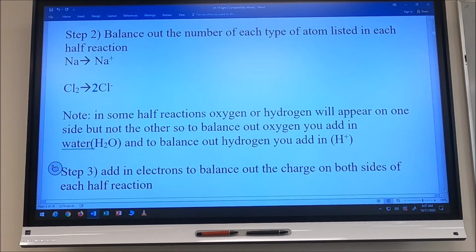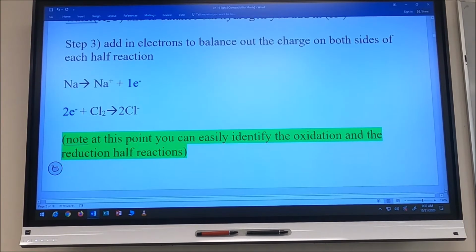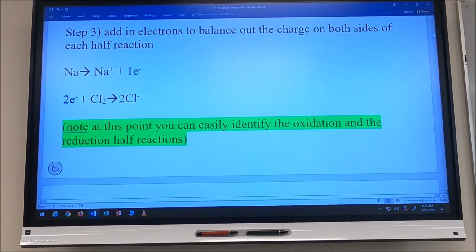Some half reactions have oxygen and hydrogen appearing in them that don't appear on both sides. So you always balance out oxygens by adding water, and then you balance out hydrogens by adding H+. Don't worry, I'll show you an example. This one doesn't have it. Next, add electrons to balance out the charge on both sides.